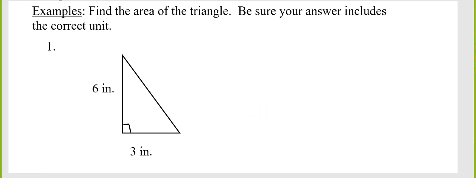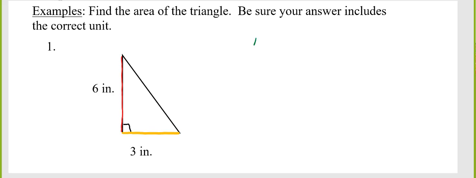Now let's go look at some examples. Find the area of the triangle. Anytime you're finding area, do you remember what the unit's supposed to be? It's going to be square units. So the area of the triangle in number 1 is going to be in square inches. Okay, here we go. The base is what? 3. And what is the height? The height is going to be 6.